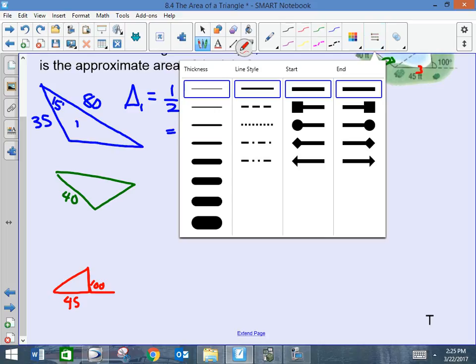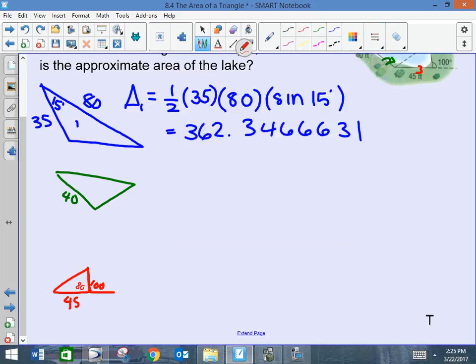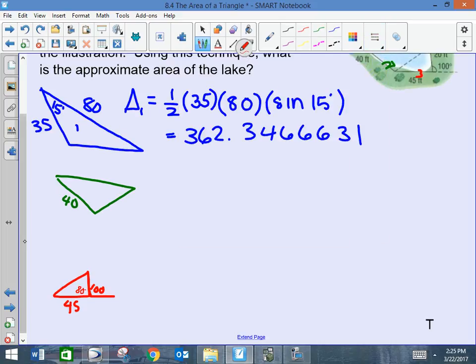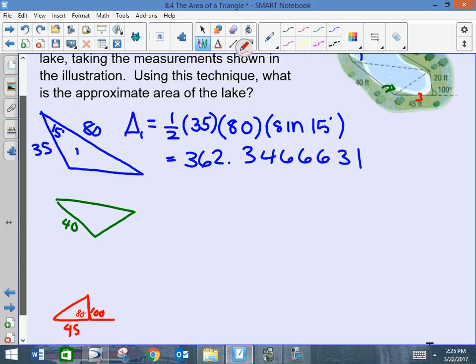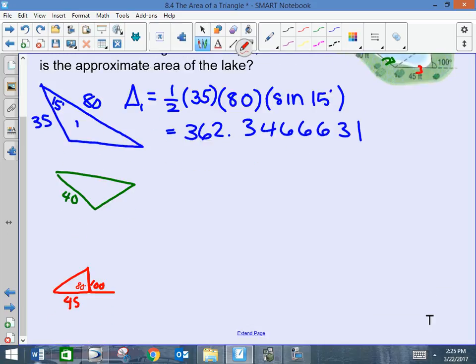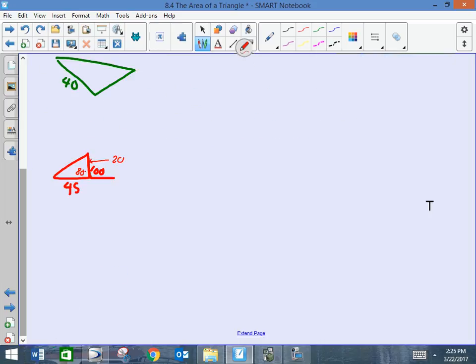I'm 80. All right. What else do we know? Anything? Oh, 20. Right? 20. All right. Which formula should I use here?